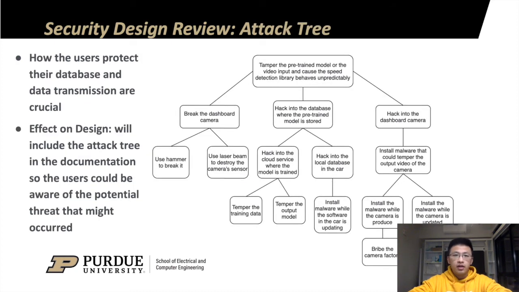If hackers manage to hack into the database or intercept the data transmission between the cloud and the car, like the attack tree shows, it is easy for them to feed in tampered data to make our library behave unpredictably. Our countermeasure is to provide the attack tree in the documentation so the user could be aware of the potential threat that might occur if their database and transmission channel are not well protected.